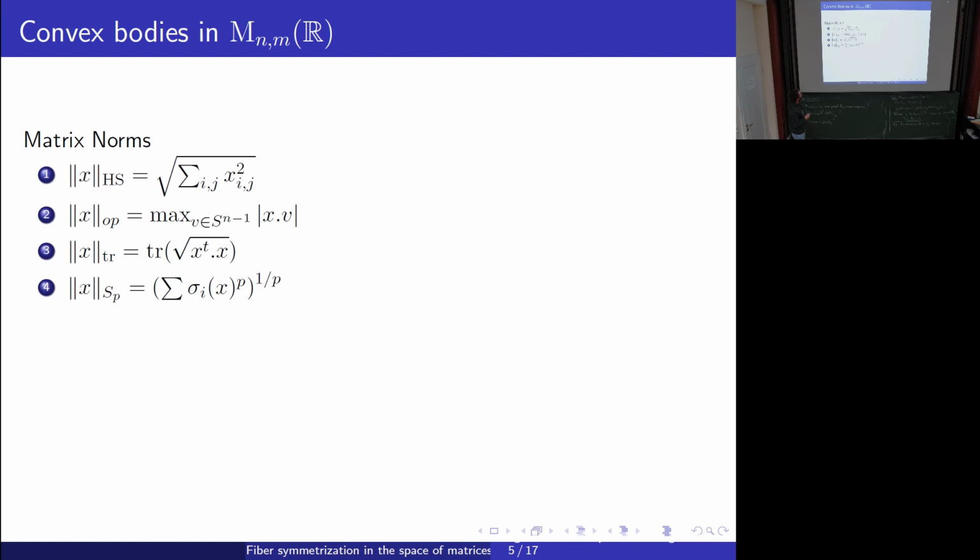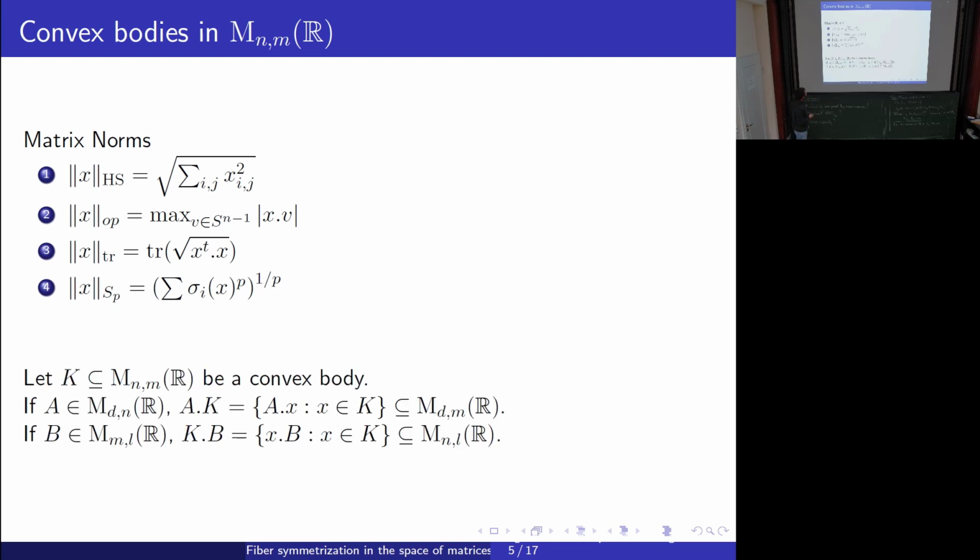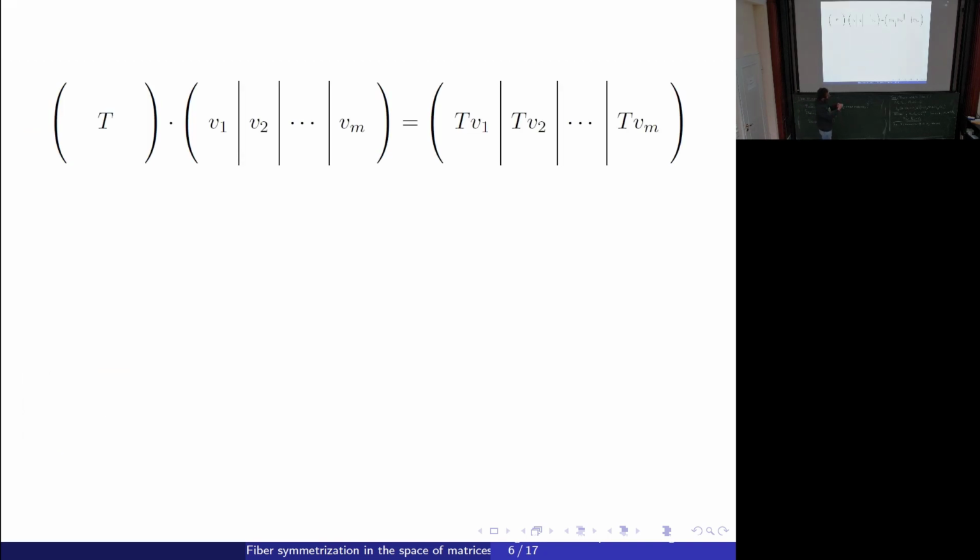For instance, the Hilbert-Schmidt norm, which is the Euclidean one, the operator norm, the trace norm, and the Schatten classes. There are more, of course, and here in the matrix space, if you have an n times m matrix, you can multiply from the right and from the left with d times n matrices or m times l matrices.